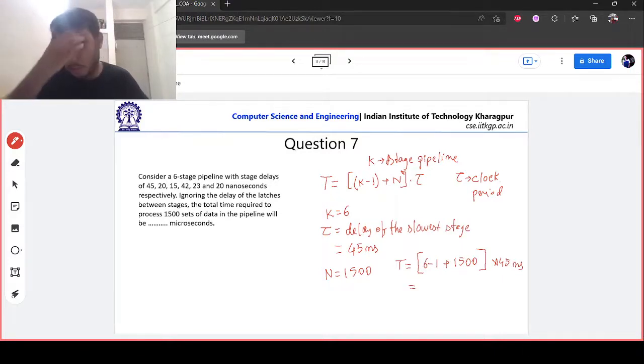If we calculate this, it comes to 67725 nanoseconds, that is 67.725 microseconds.